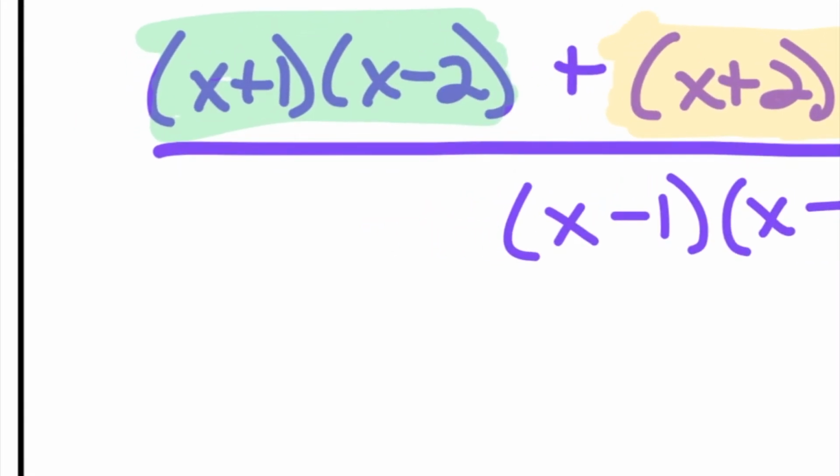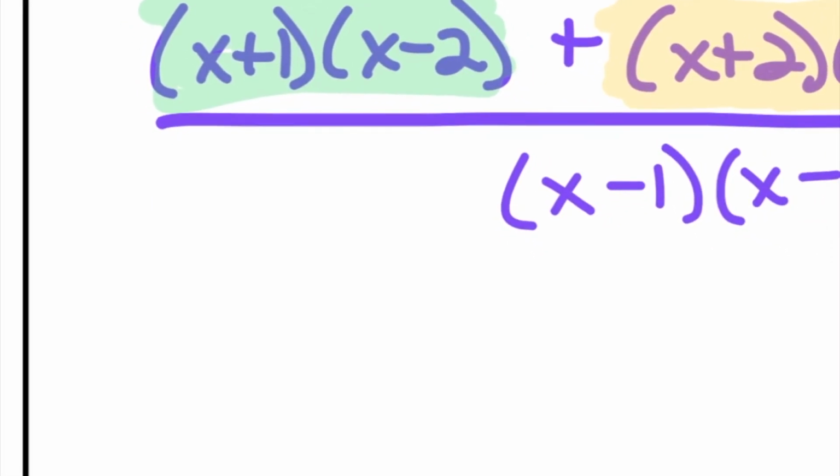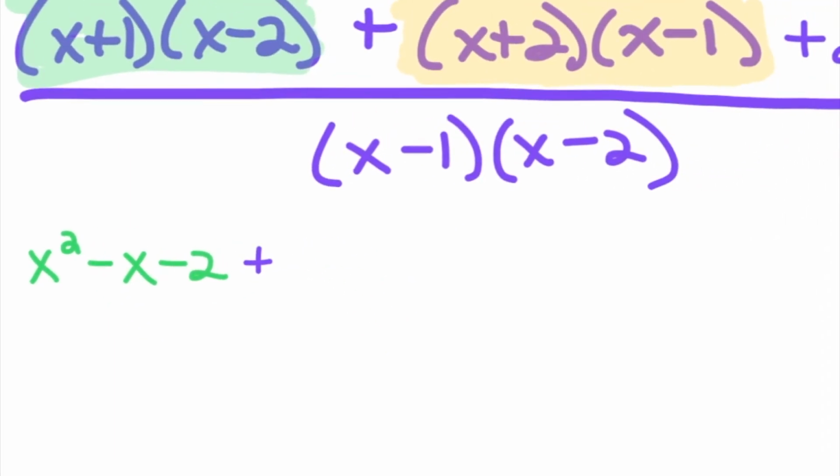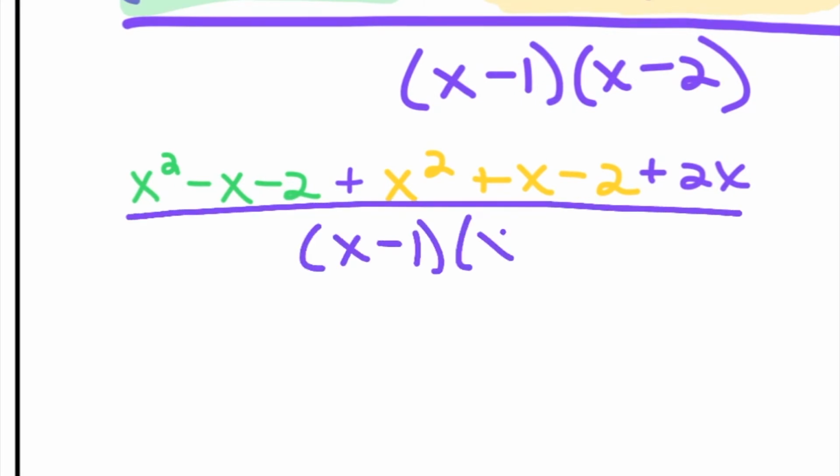So when I FOIL the stuff that I highlighted in green, I get x squared minus 1x and then minus 2. And when I FOIL the stuff that I highlighted in yellow, I get x squared plus 1x and minus 2, and then just bring down plus 2x. And I'm still going to keep all of that over my denominator, x minus 1 times x minus 2.